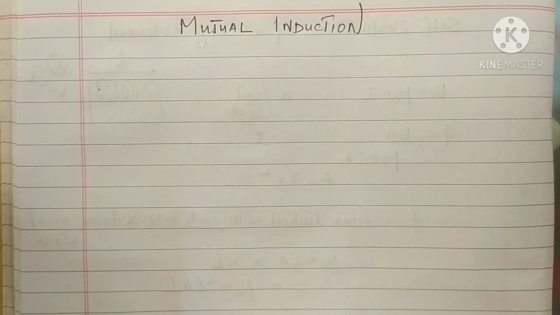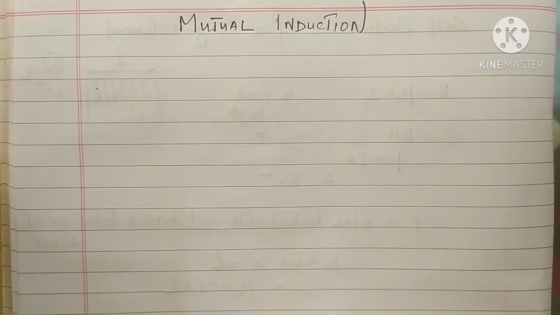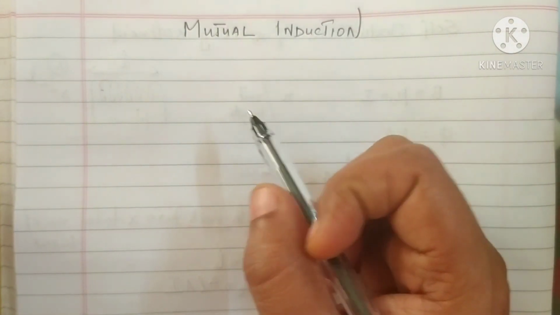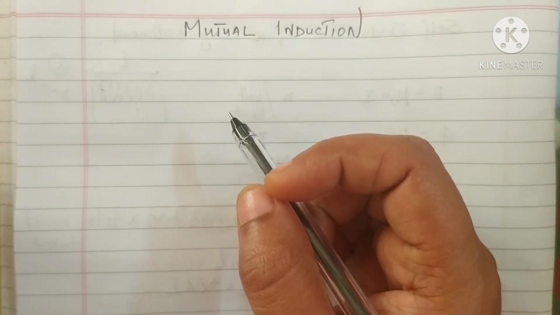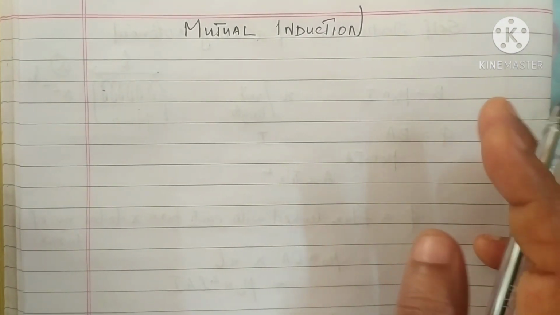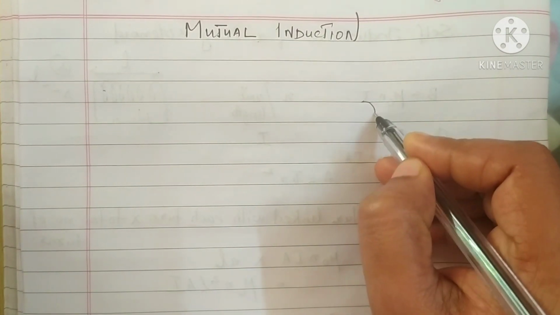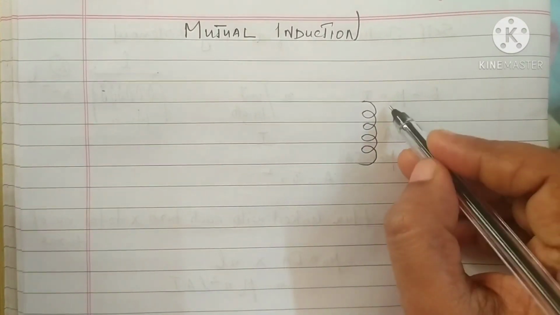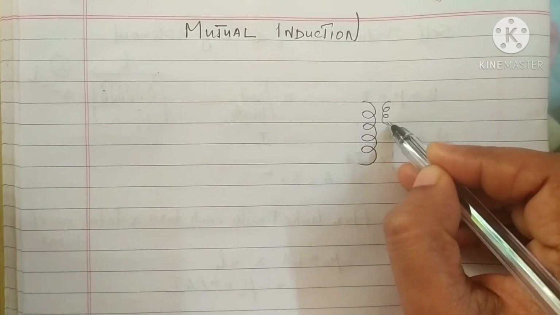So the next phenomenon is mutual induction. In the word itself, mutual means at least there should be two coils, right? So here I am considering two coils. The first coil like this, and the second coil near to the first coil.